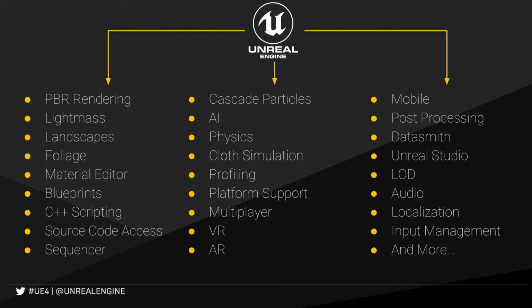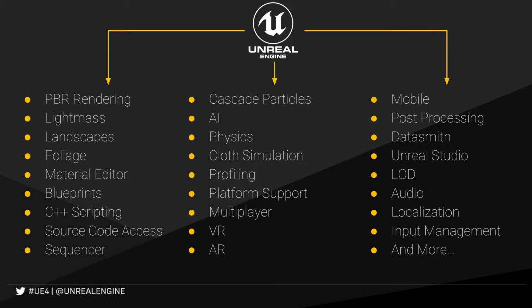So those features are just too numerous to mention. Unreal Engine 4, like I said, is a huge, full tool set. You've got a full PBR lighting pipeline and material system, foliage for populating your scenes with thousands of trees, flowers, grass, Sequencer, which is an amazing linear animation editor.